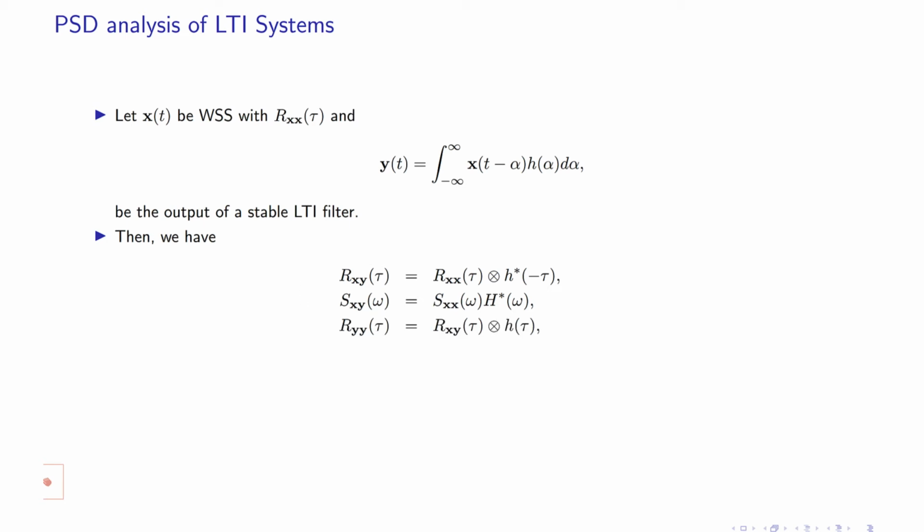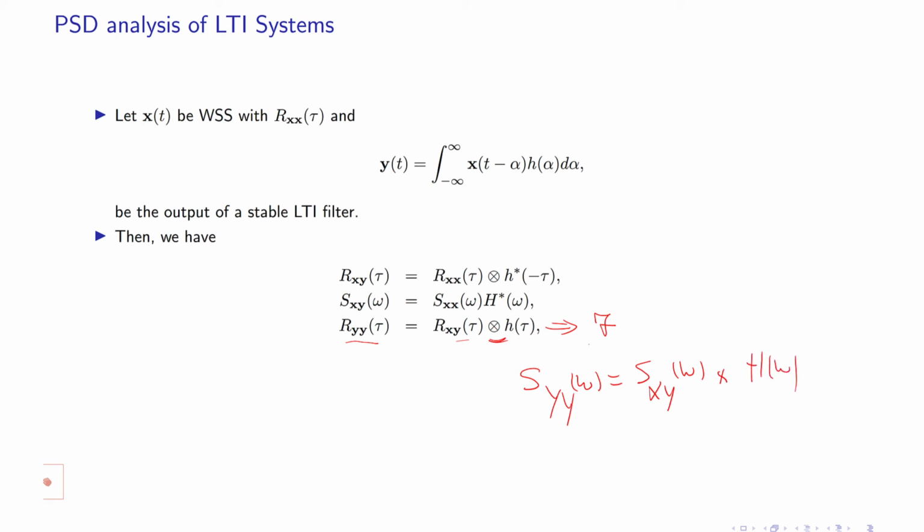Similarly, we have seen that Ryy, the autocorrelation of the output, is related to the cross correlation of input and output convolved. Again, if you take the Fourier transform of that, you get Syy of omega equal to Sxy of omega times h of omega, a simple product.